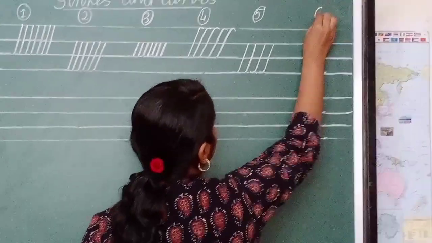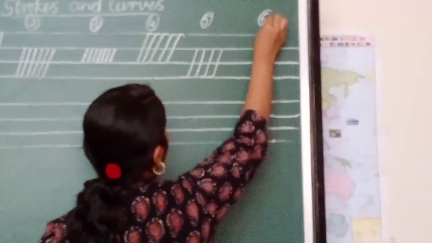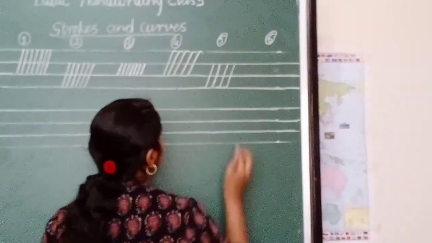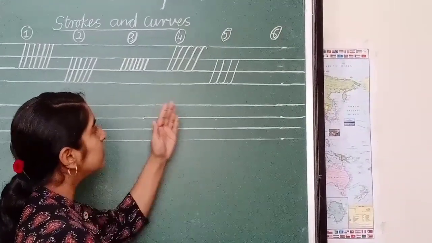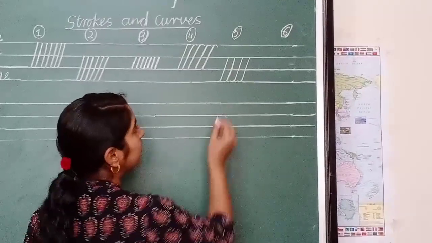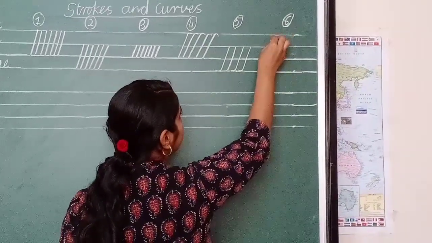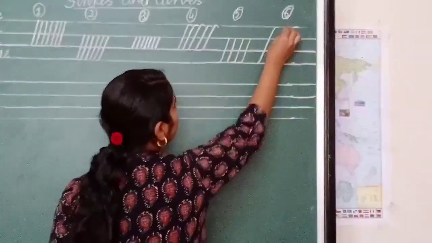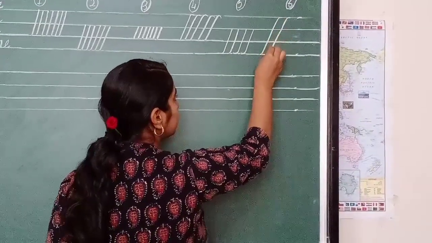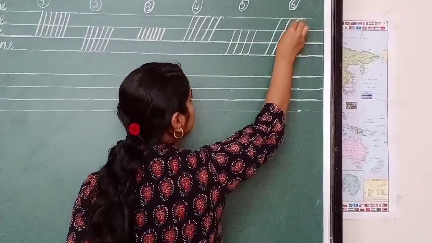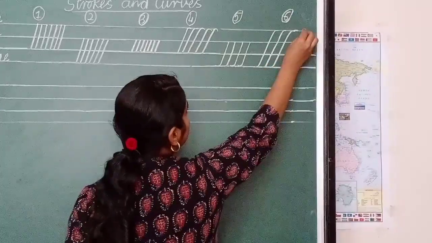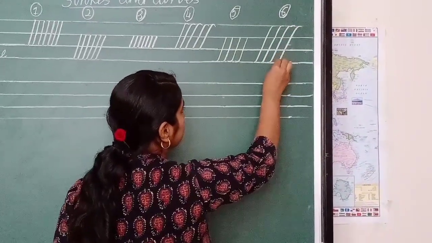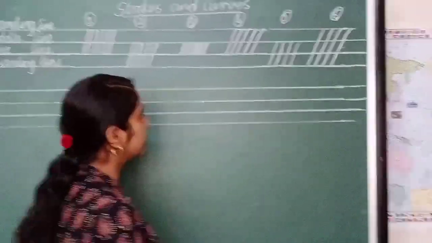Next one. This is the only stroke which touches all the lines, from ascending to descending. From ascending to descending. See here, like this.